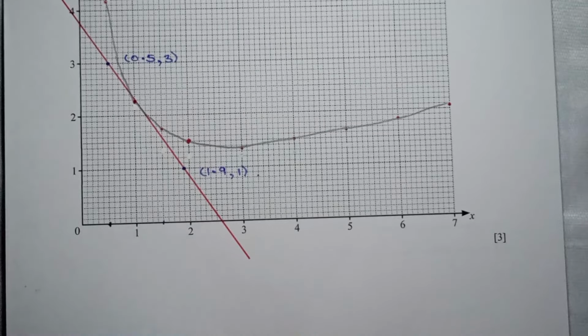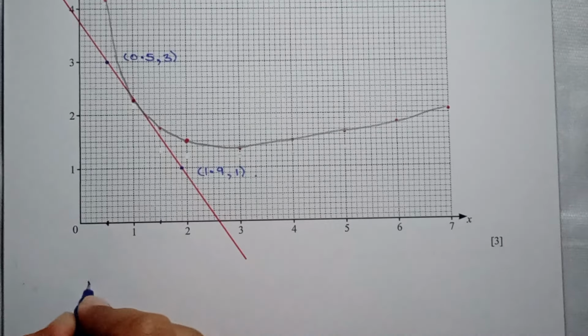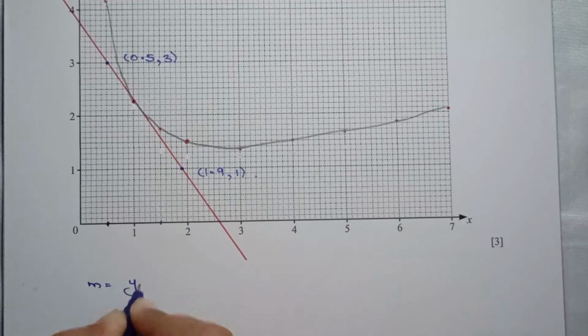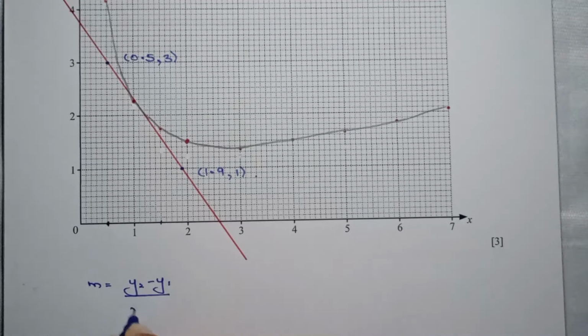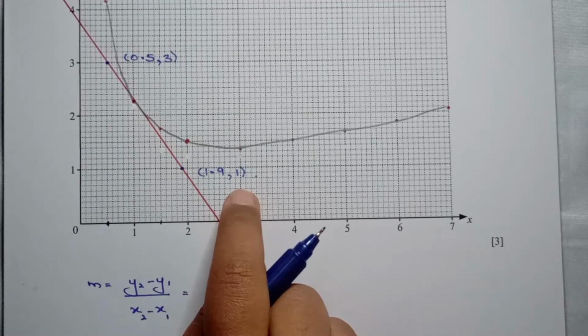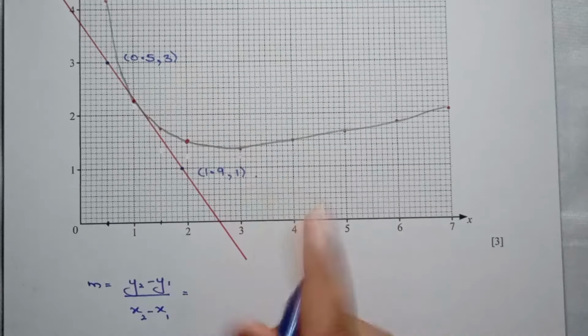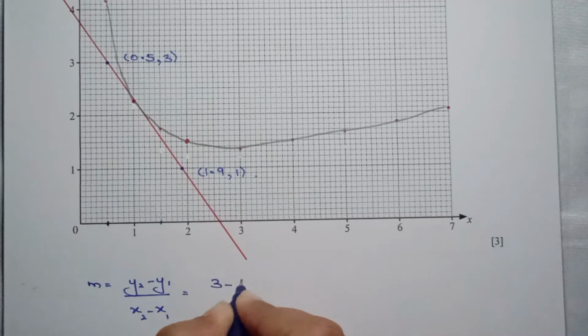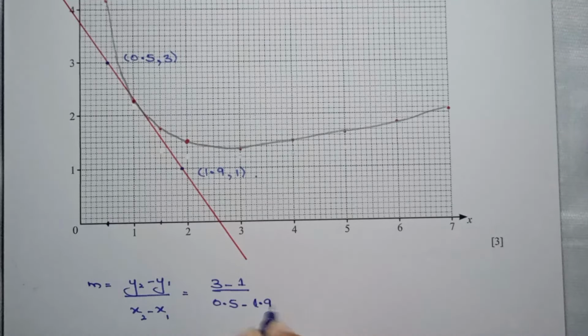Now let me find out the gradient. Gradient is basically the slope. The formula for the slope is y2 minus y1 over x2 minus x1. So this point we can take as x1, y1, and this is x2, y2. y2 minus y1 is 3 minus 1, divided by x2 minus x1, which is 0.5 minus 1.9.